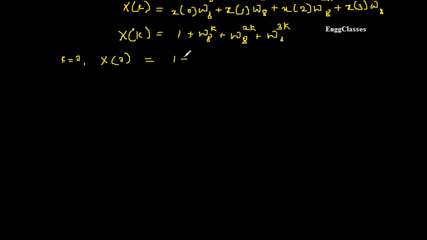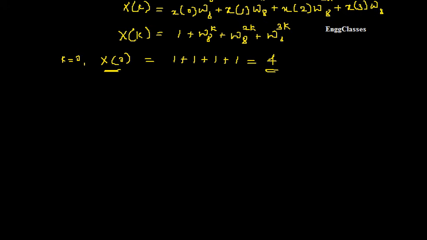This is 1 plus W8 to the power 0. Anything to the power 0 is always 1, plus W8 to the power 0, 1 again, plus W8 to the power 0 again, 1. So ultimately I would get X of 0 as 4.